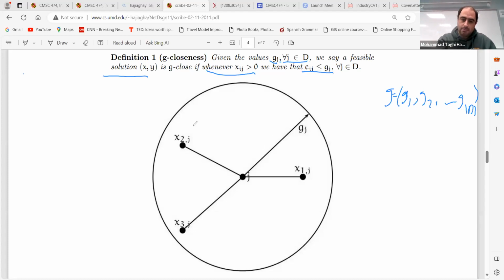Essentially, if you consider this ball around j of radius gj, anyone outside of this ball, say facility k, should have xkj equal to 0. So that is the g-closeness property.